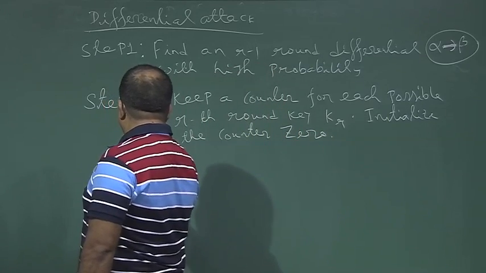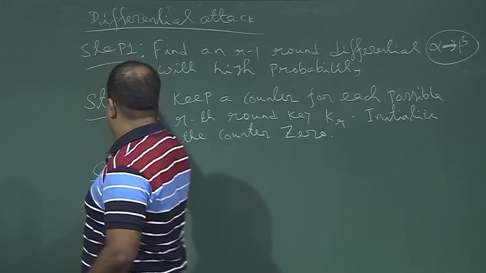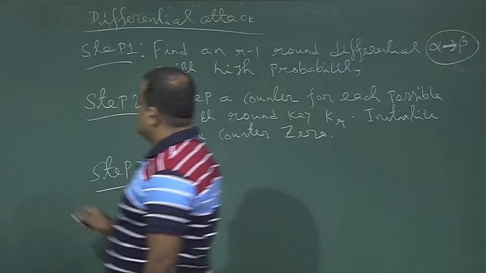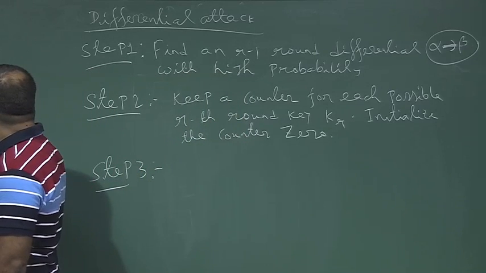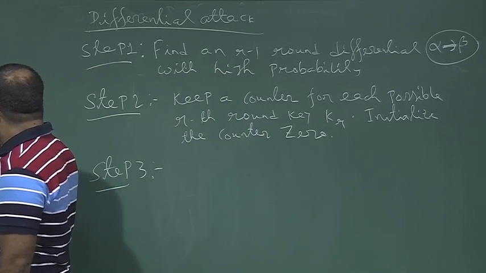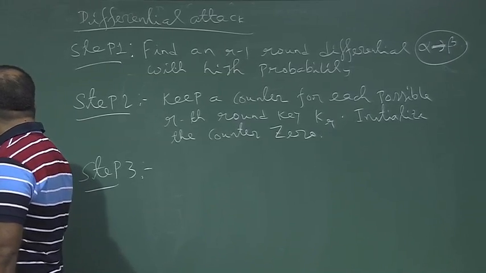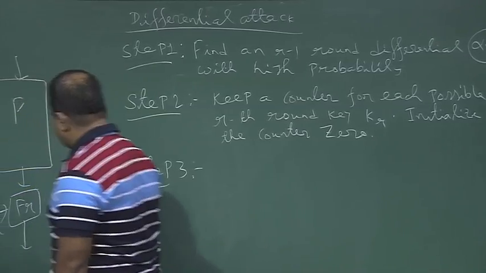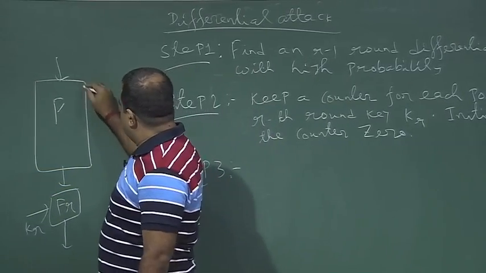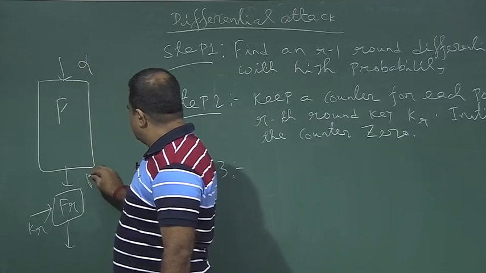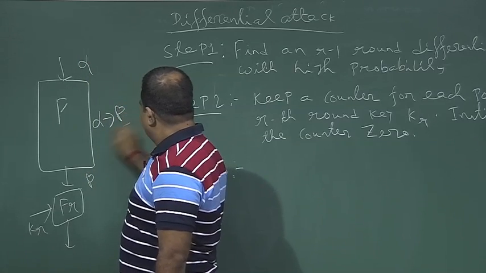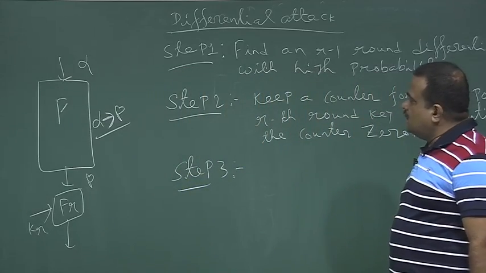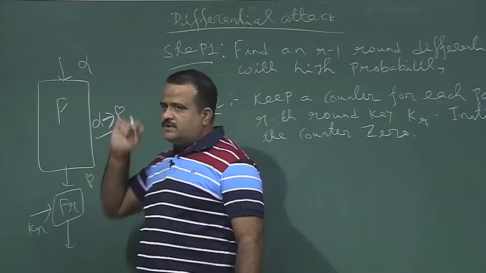Then in step 3, we pick a plain text. Suppose the plain text is n bit. Here is our F, our K_R, and our ciphertext, and we have the differential alpha beta: if the input difference is alpha, the output difference will be beta. Now we need to choose the input difference alpha in a plain text.